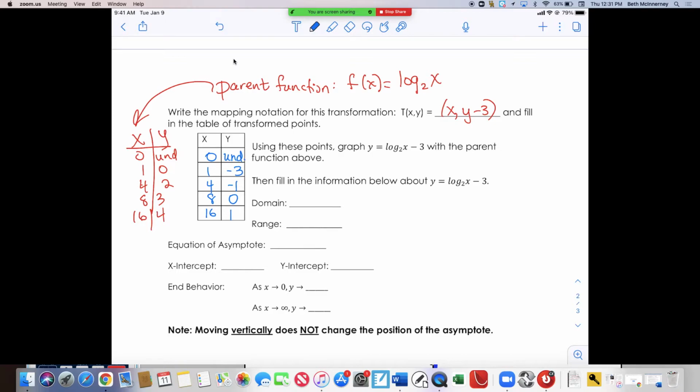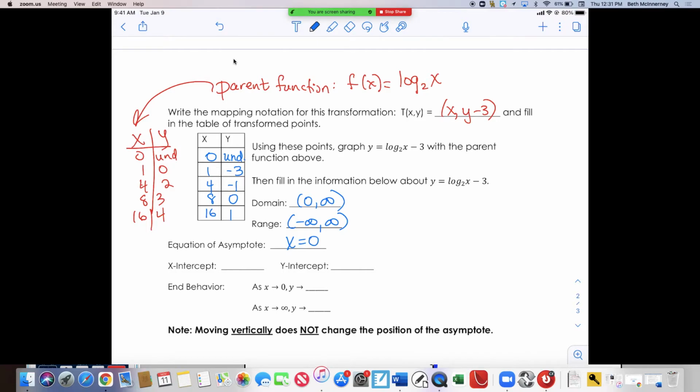All right, so the range is always negative infinity to infinity. I moved it down 3. So, Ellie, if I move it down 3, did that impact my domain? No, it didn't. So my domain remained 0 to infinity. Only the left-right affects the domain. The equation of the asymptote is the same, okay?